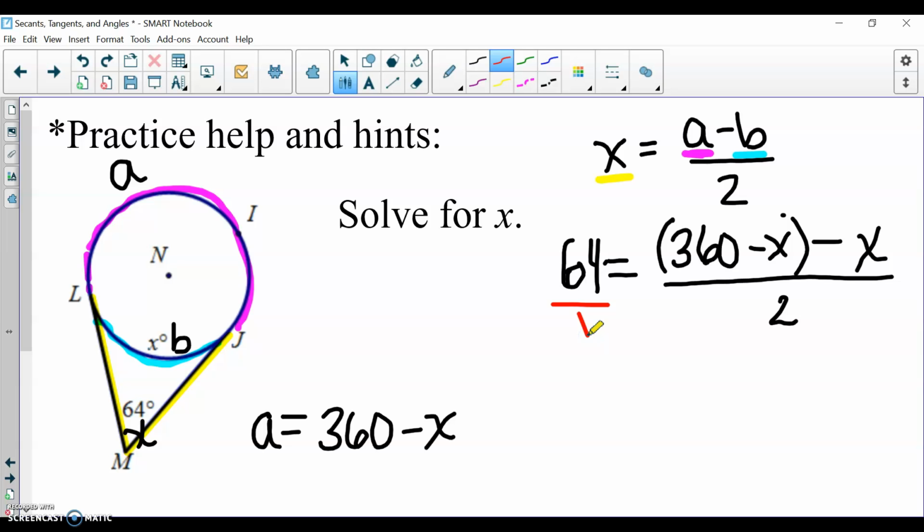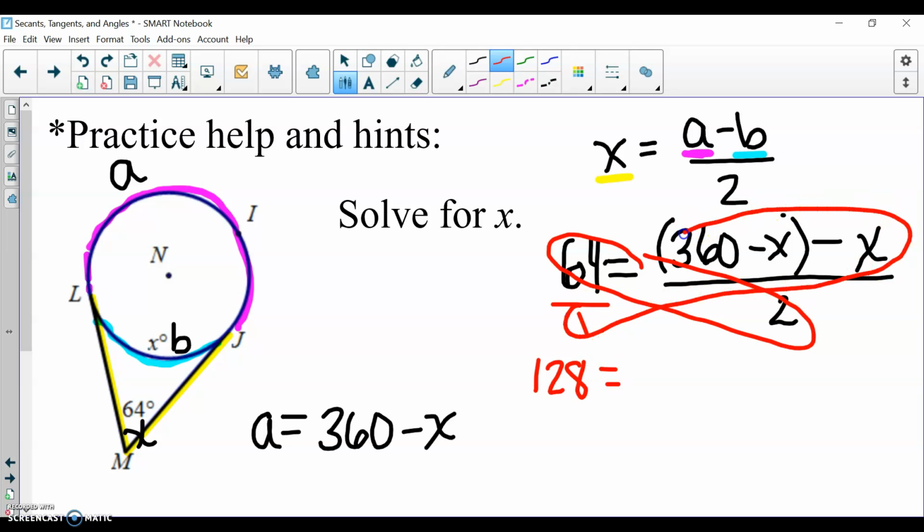So the first thing, if we do our cross multiplication, we'll multiply 64 times 2, okay, which gives us 128. And then 1 times all of that fun stuff, we'll just pretty much bring that down. And then solving for x. So notice that within these parentheses, 360 minus x, we can't do anything with that.